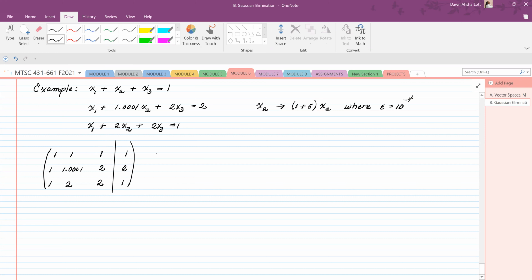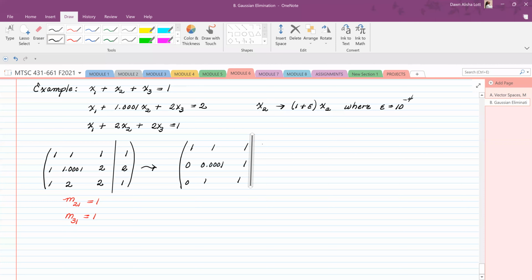Okay, so now we get M21 is 1, and M31 is 1. So we go to the next step, and we get 1, 1, 1, then 0, 0.0001, 1, and 0, 1, 1.